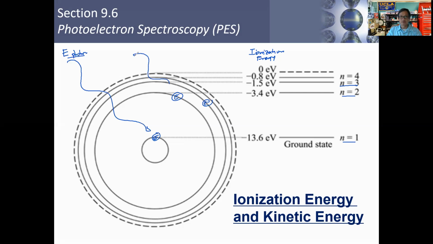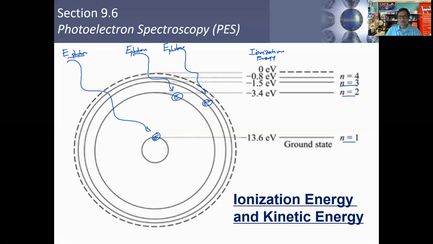Remember, with photoelectron spectroscopy, we use either X-rays, photons from excited helium, or ultraviolet UV rays. We hit these with photons of the same energy, so let's see what happens. All of these photons will have the same energy.